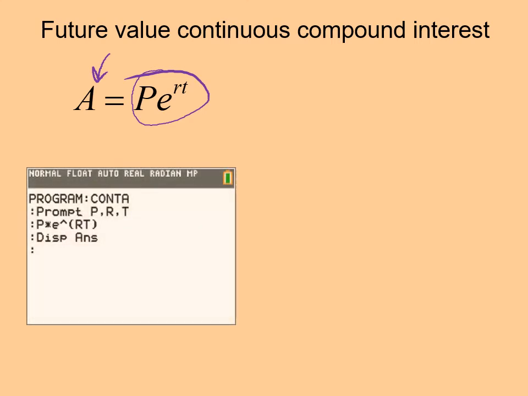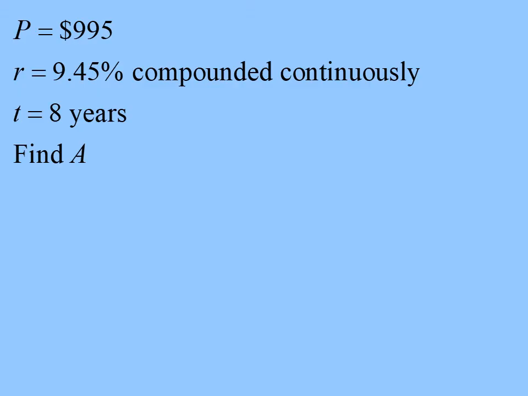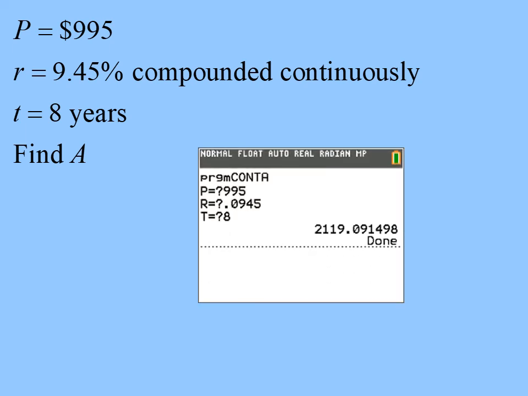We want to call this program CONT for continuous compound interest, followed by the letter A, which indicates we're solving for the variable A in that formula. And it works the same as the previous programs. When you run the program, you should see each variable and then a question mark where you type your answer. And of course, this time you won't have an M because it's continuous.